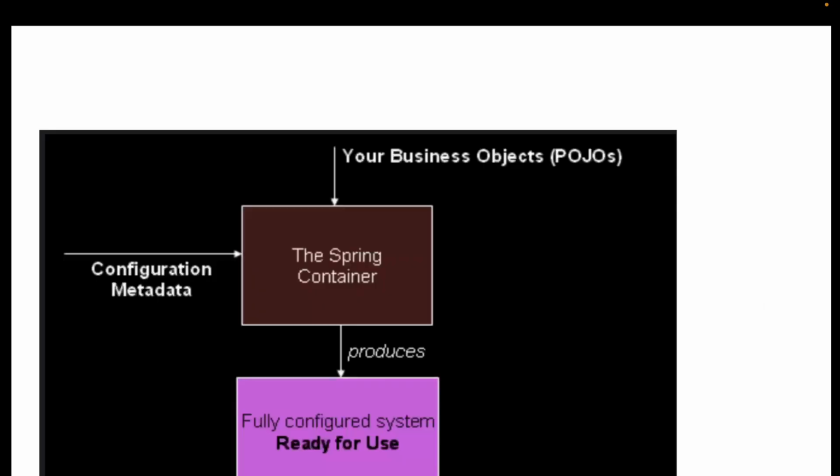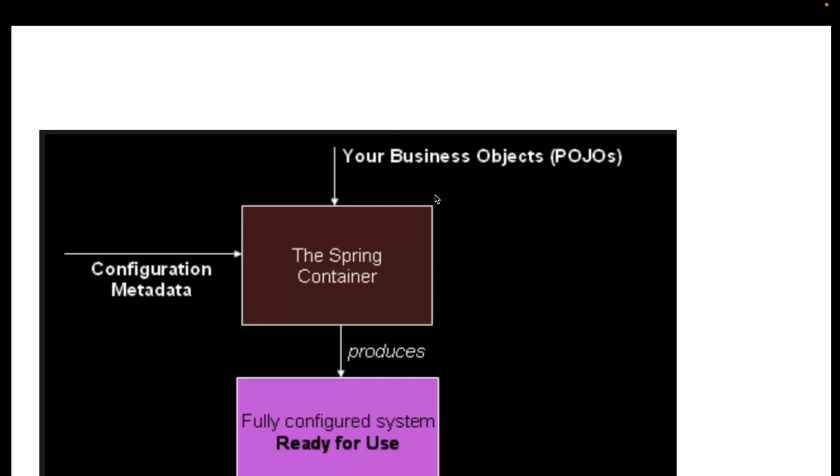Let's move forward. This is the diagram. Here we have our business objects or some POJO classes. POJO classes are, let's say, your address class, your employee class, or your student class, and you want to use them as Spring Beans, and these have to be injected into some classes.